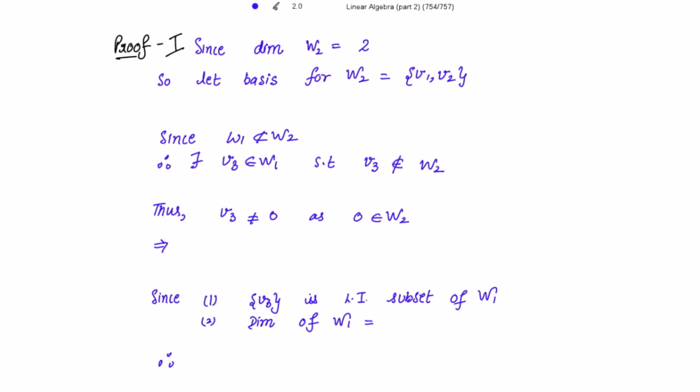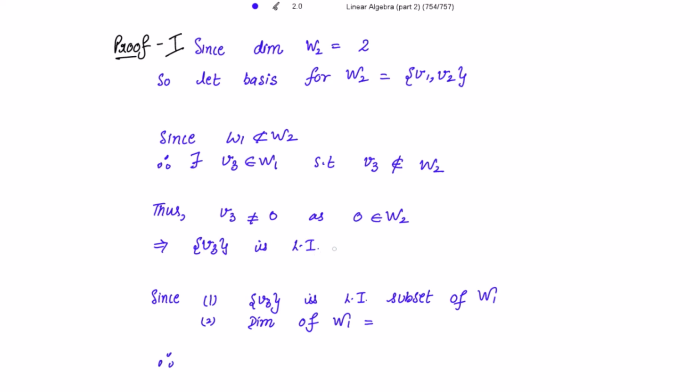And the single element V3 belongs to W1 but not to W2, which means V3 is non-zero. This is the only possibility, that V3 should be non-zero, right? Now if V3 is non-zero, we know that this singleton set is linearly independent. This is the result, that every singleton set of a non-zero vector is linearly independent.